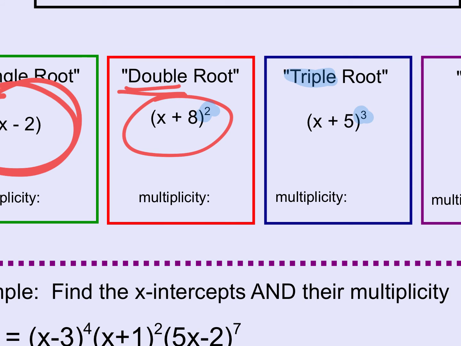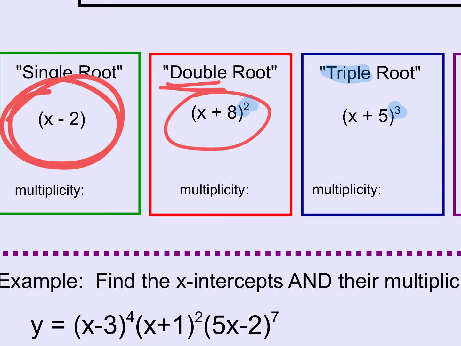There's this fancy word, multiplicity. I kind of don't like it because I like to keep life simple and not use complicated language if I don't have to. The multiplicity is kind of like the degree of that little term. It's 1, 2, and 3. It's just that number. That's called its multiplicity.